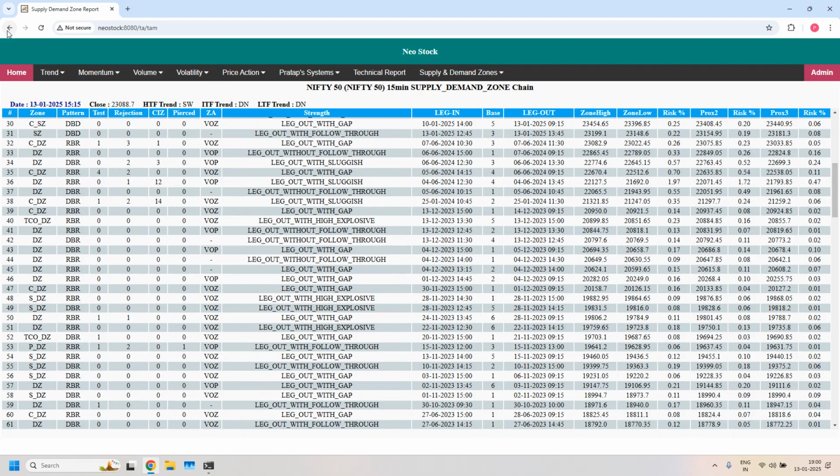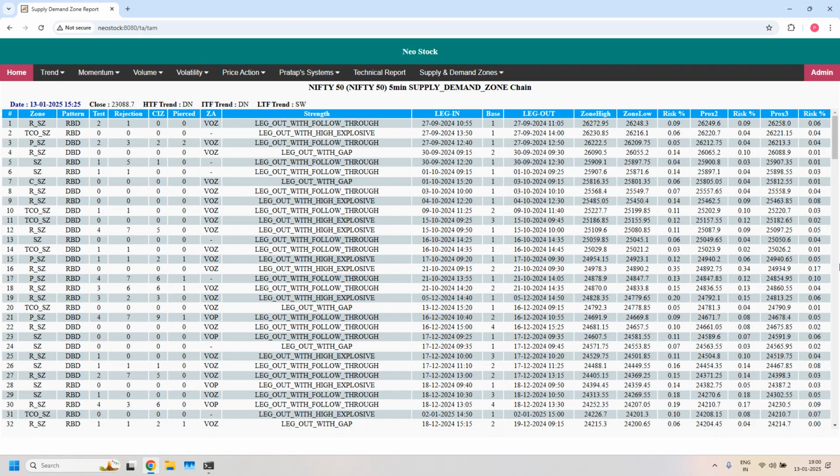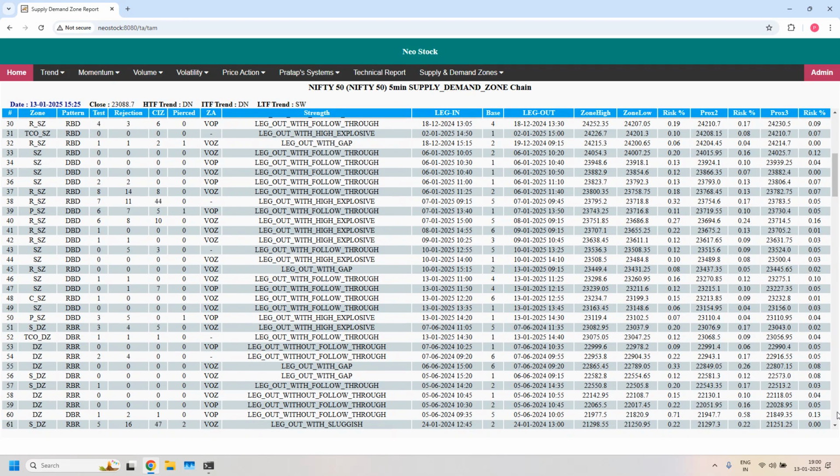Okay, next time frame is 5 minutes, generating 5 minutes supply demand zone chain for Nifty. And all these zones are supply zones. So I am scrolling the list down to find the demand zones also. So from here you can see demand zones.